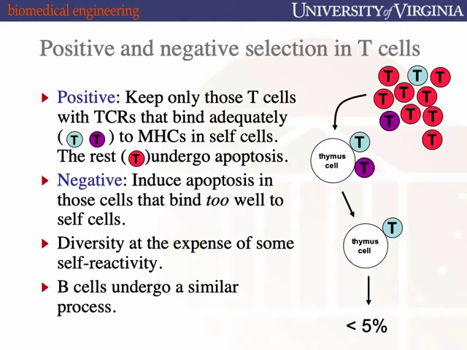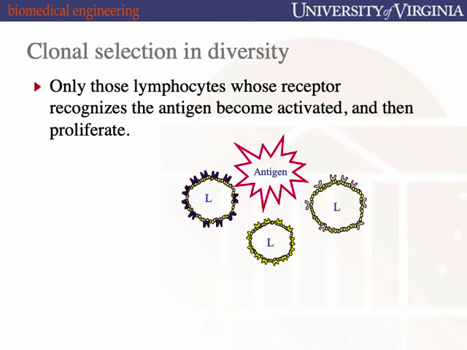B cells are going to undergo a similar process, often termed immune pruning. We're trying to get rid of any reactivity to self-antigens. So this is like the Goldilocks: can't be too hot, can't be too cold, has to be just right. You need just enough binding, but not too much.